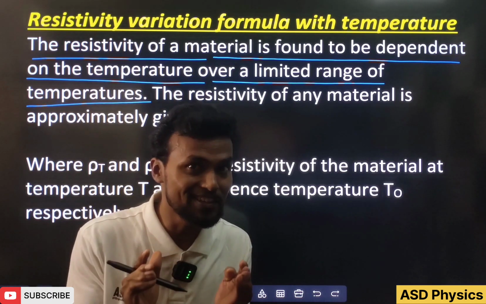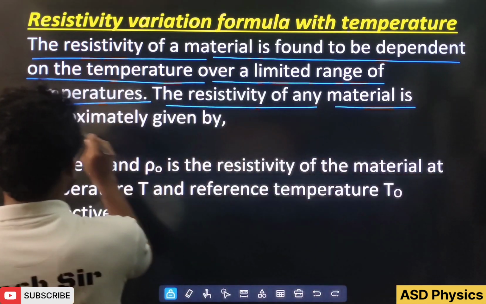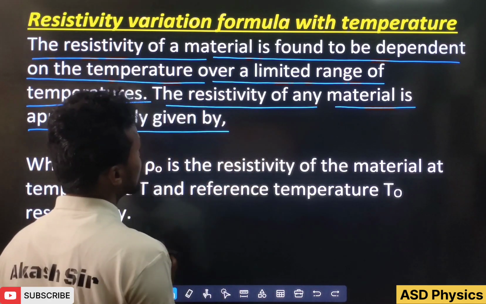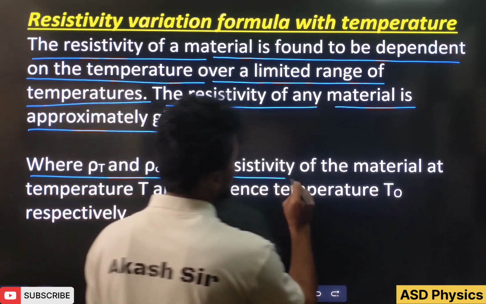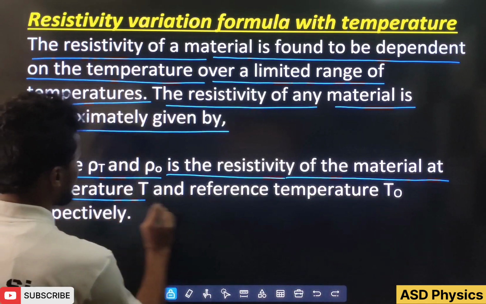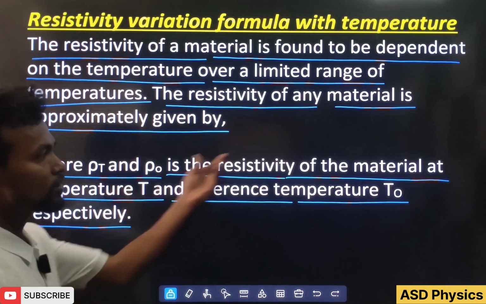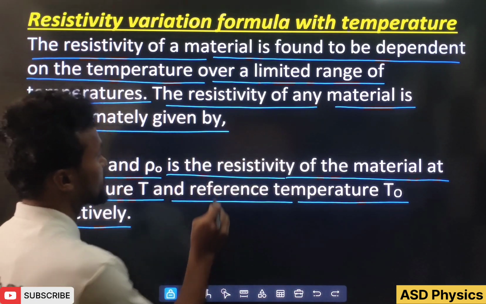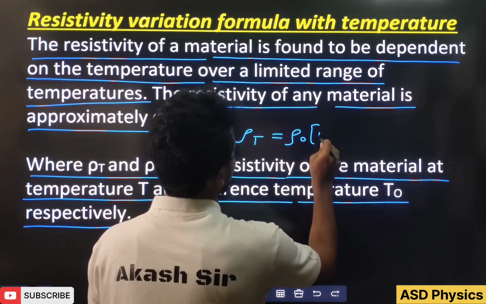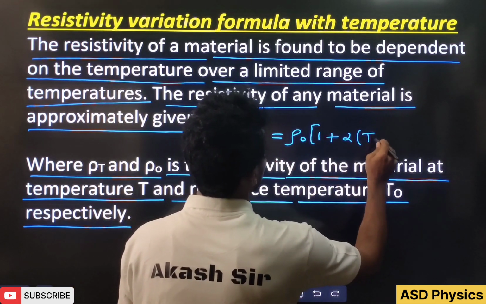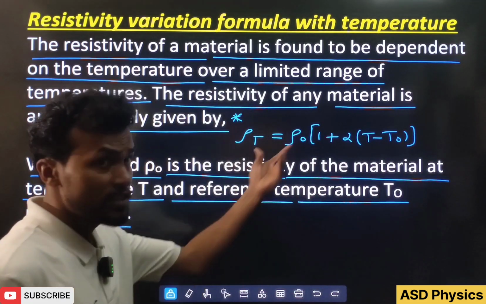So the resistivity of any material is approximately given by, where rho T and rho naught are the resistivity of the material at temperature T and reference temperature T naught respectively. So rho naught at temperature T naught, rho T at temperature T. I can write this as rho T equals rho naught into 1 plus alpha into T minus T naught. This formula will be valid over that limited range.